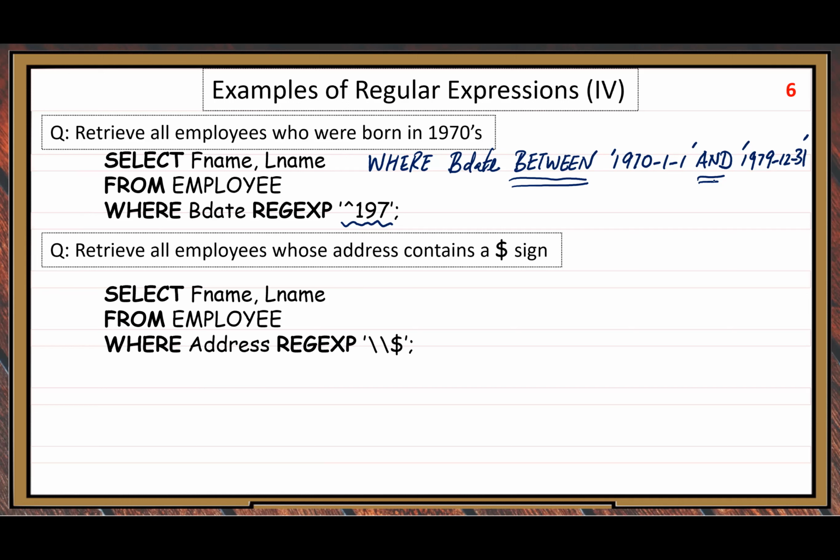In SQL, we need to declare an escape symbol, right? Then we use that symbol for the escape character. But here, we use the syntax of regular expression. That's independent of SQL. Regular expression is independent of SQL.